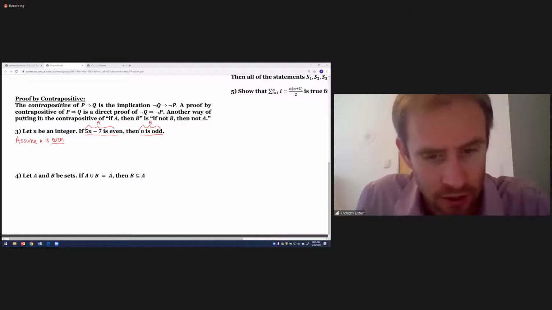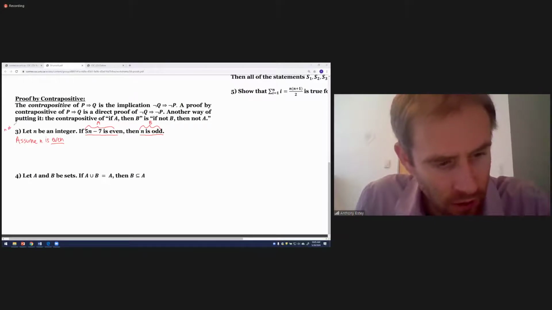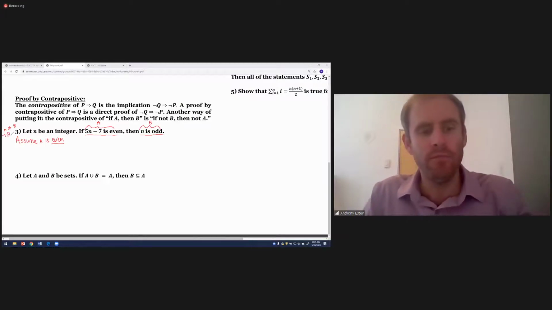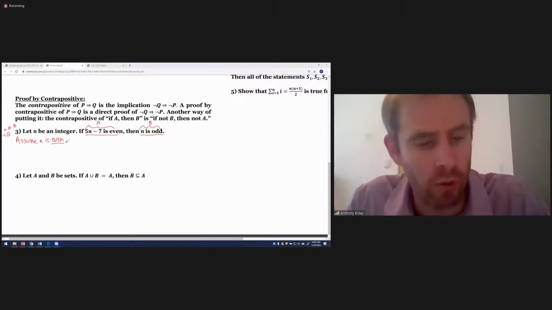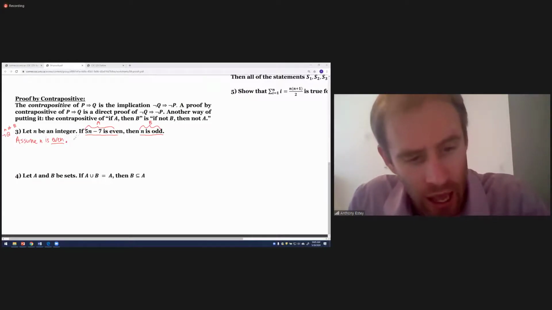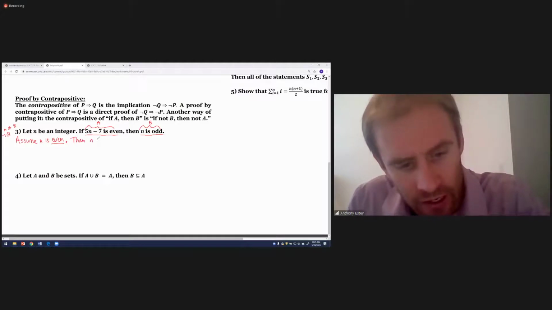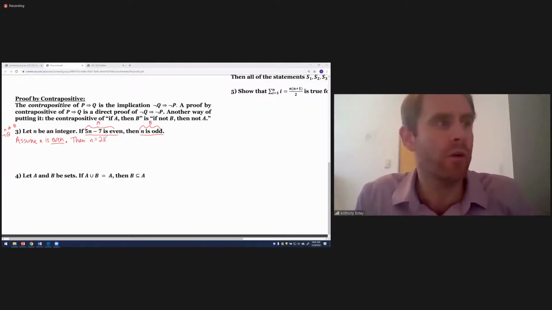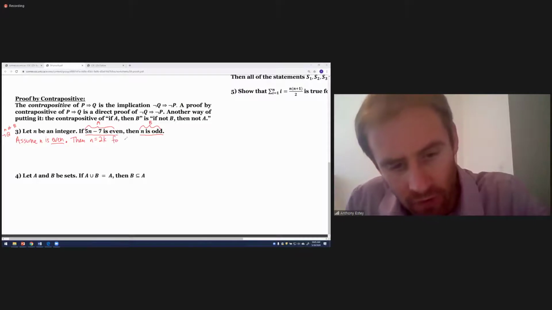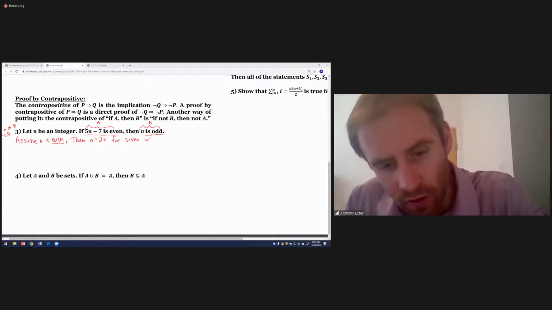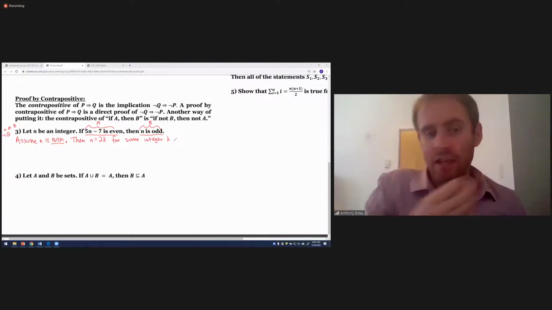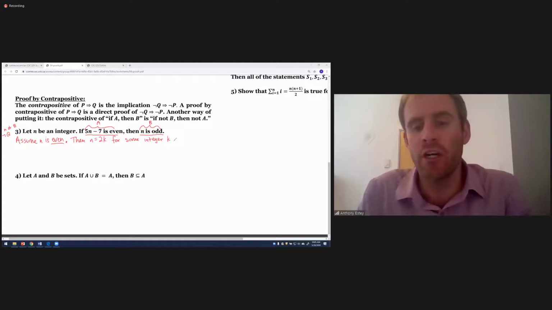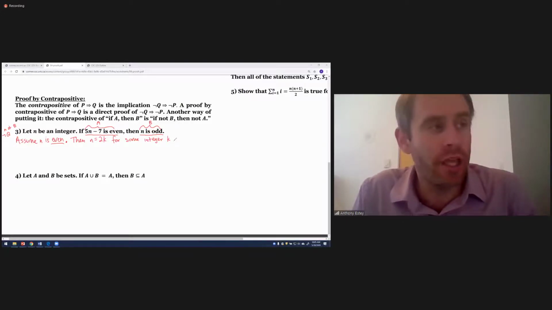That is not B, or alternatively, with the formula up there, not Q. Similar to what we did in the previous exercise, then n equals 2k for some integer k. If n's even, then it means that 2 times some other integer is equal to n.